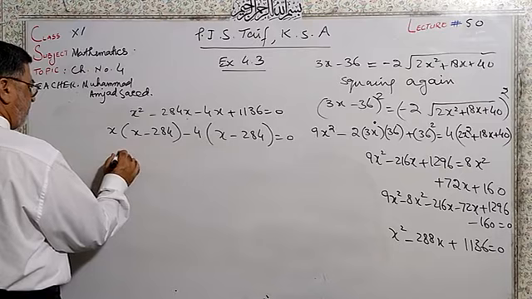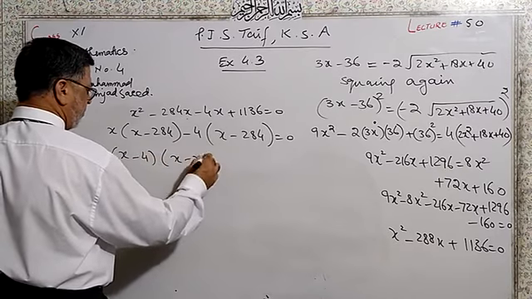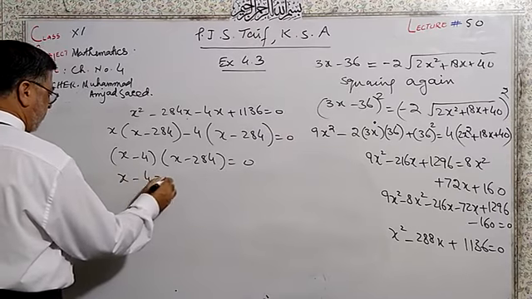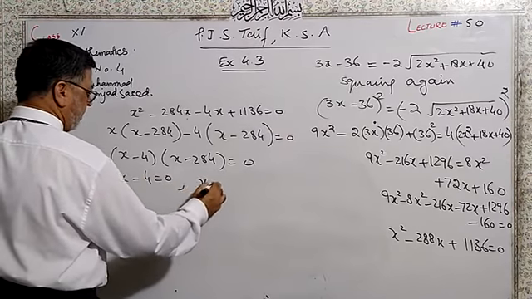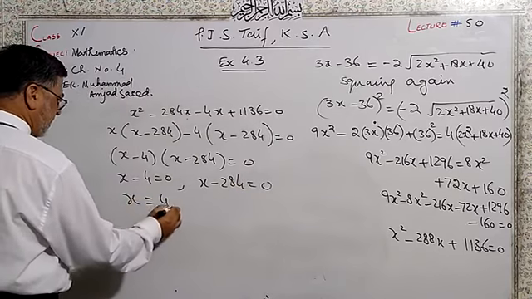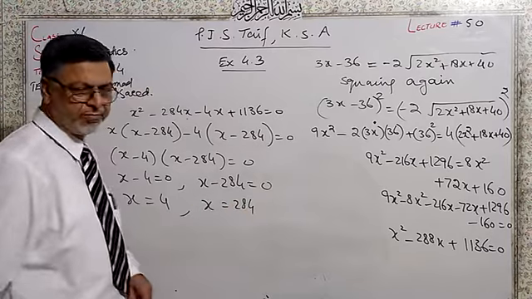So we can have x minus 4 into x minus 284 equal to 0. x minus 4 is equal to 0 and x minus 284 is equal to 0. x is equal to 4 and x is equal to 284.